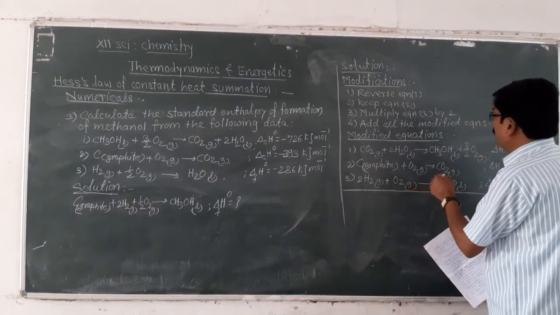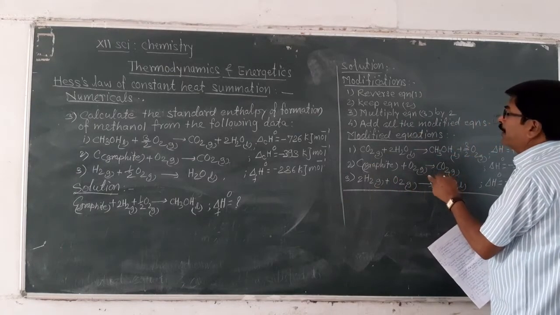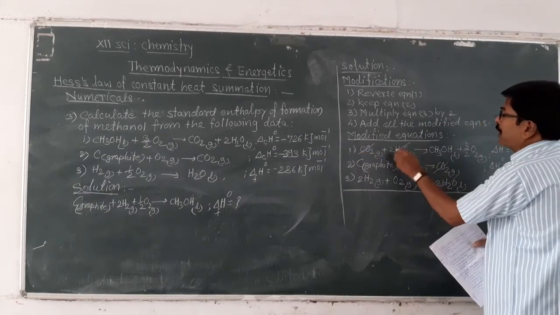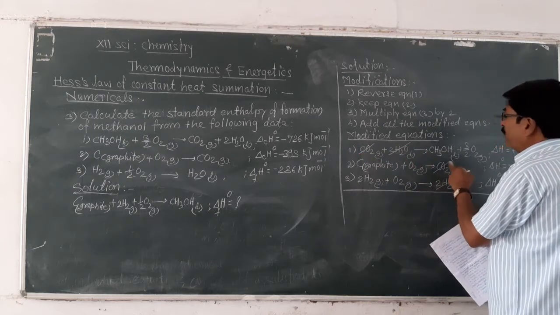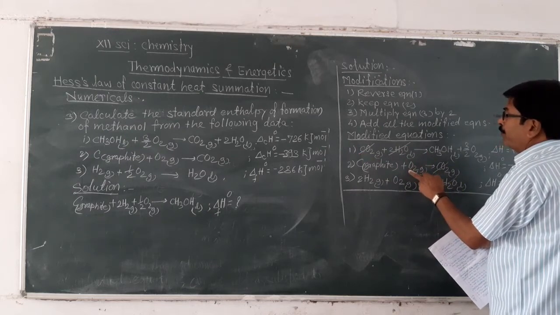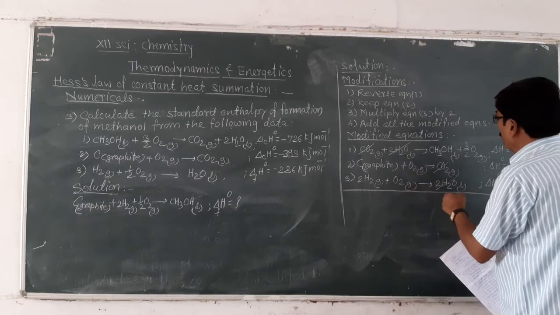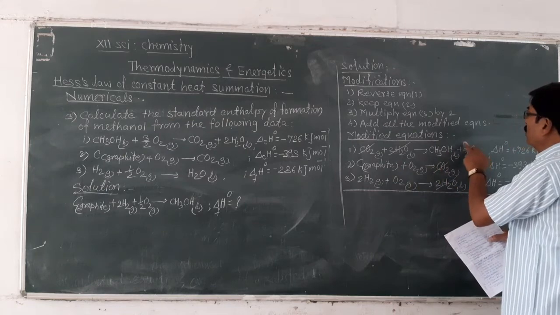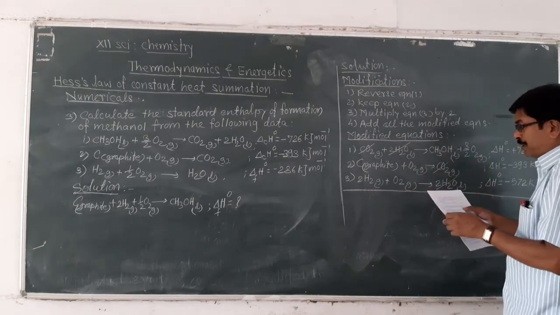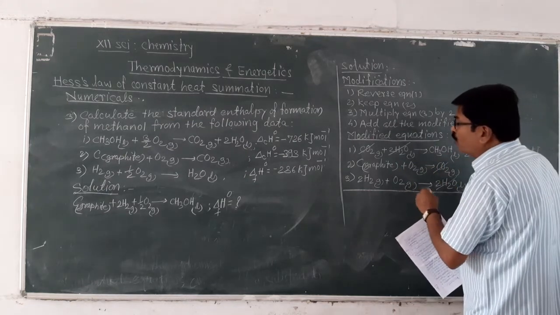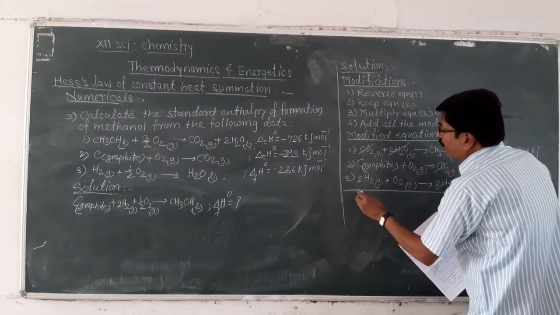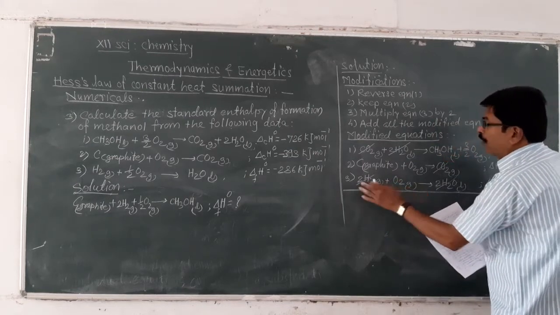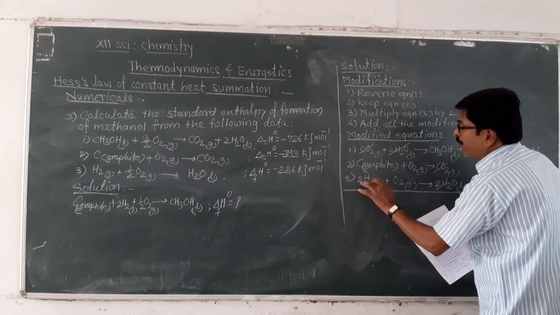Then we get, now see here, what is cancelled? CO2 is cancelled. Then 2H2O gets cancelled. What is left? Now here, you see, O2 plus O2, 2O2. Now, from 2O2, 3 by 2 O2 is subtracted. It becomes 1 by 2 O2. H2 is to be kept.